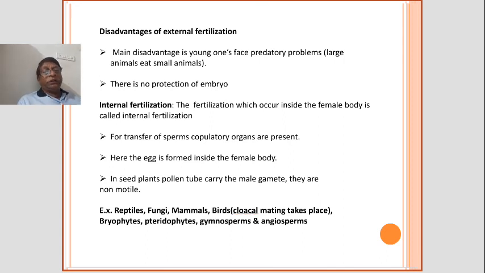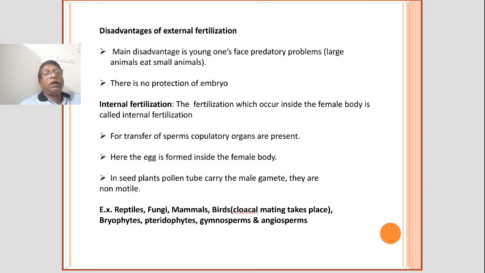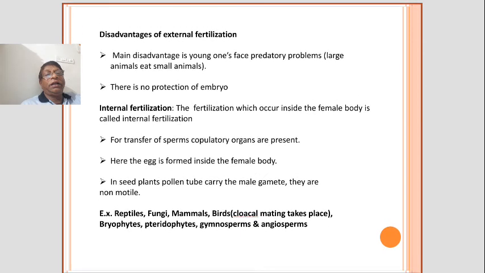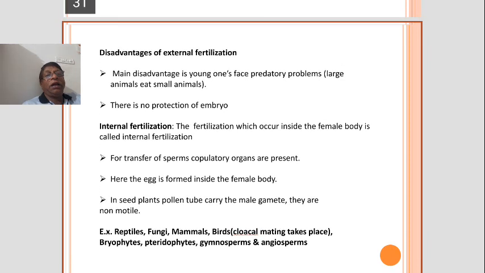In birds, cloacal mating is there. You know, cloaca means it is the birth canal as well as the canal through which waste or feces comes. In bryophytes, pteridophytes, gymnosperms and angiosperms, fertilization is internal.